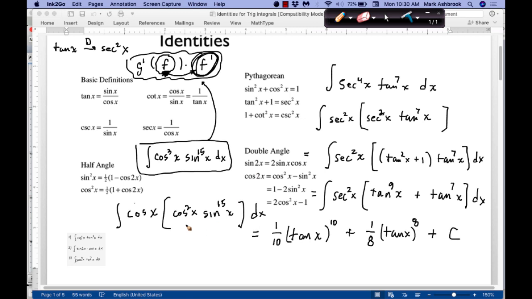So we'll have to change this into sines, and then we're just like this one. So cosine squared equals 1 minus sine squared. And then we got it just like this, right? We'll have sine to the 15th minus sine to the 17th. And both of those work with cosine to do undoing the chain rule.